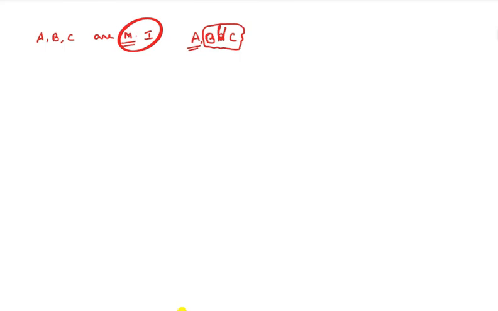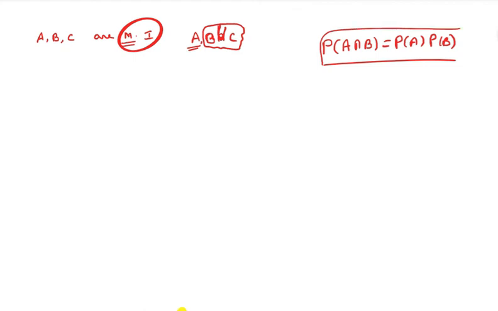So observe here, to say they are independent events or not, we have to find out P of A intersection B is equal to P of A into P of B, then we can say that they are independent events. So that's why I am finding P of A intersection B union C.